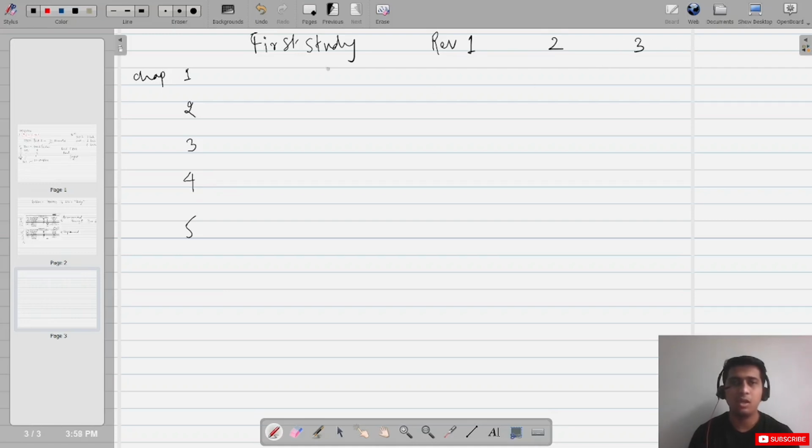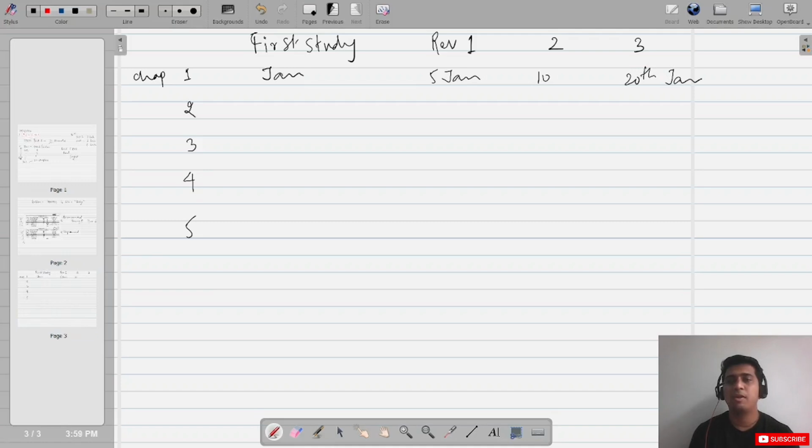Suppose you studied chapter 1 in January. You planned, okay, I'll study chapter 1 in January. Then you can have revision 1 on 5th Jan, you can plan the first revision then, and then maybe on 10th and 20th Jan.